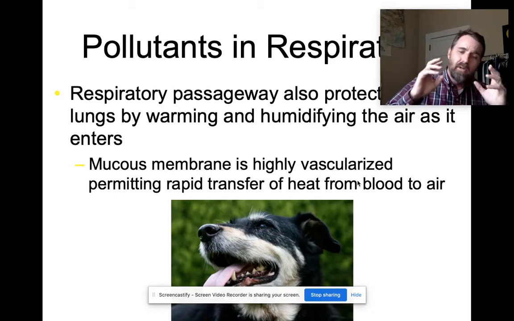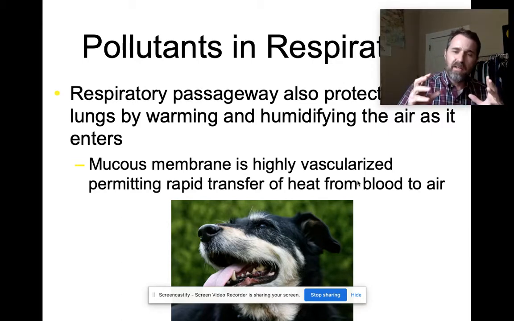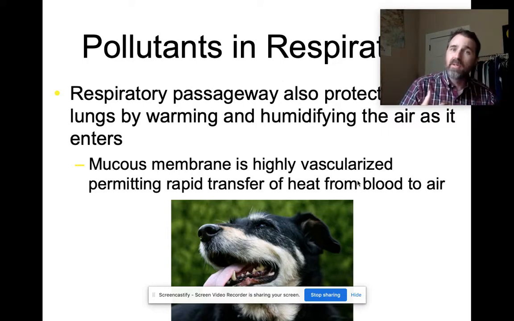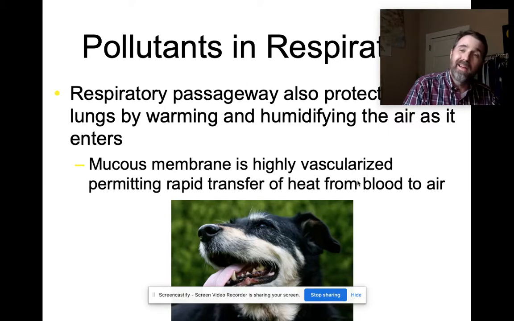And also your nasal cavity, your pharynx, it's very wet up in here. So that allows the moisture from your epithelial tissue to transfer into the air as it is passing through your nose, through your upper respiratory system, making the air more humidified, more warm, so that the lungs are best able to do their work with the air when the air gets there.